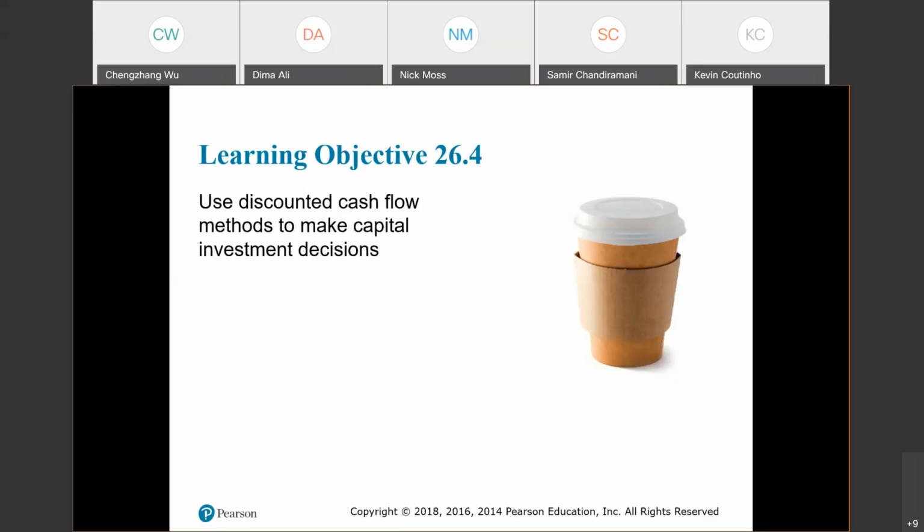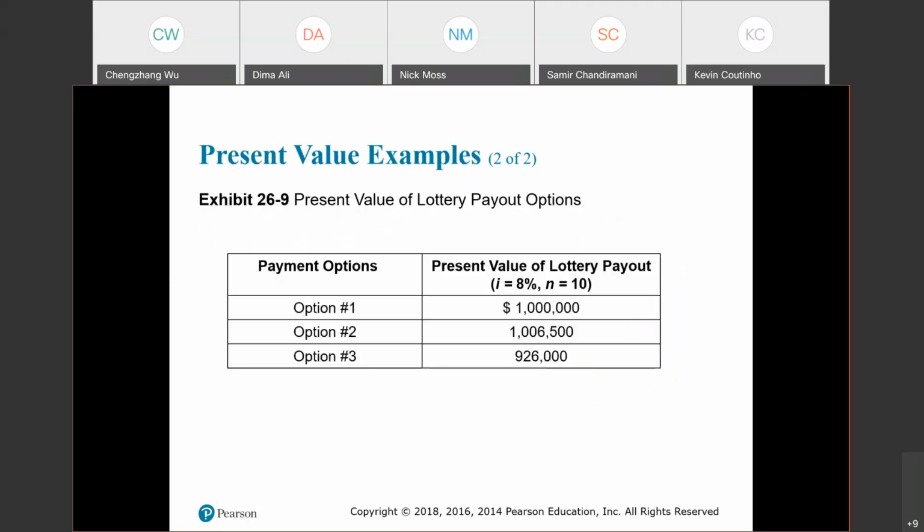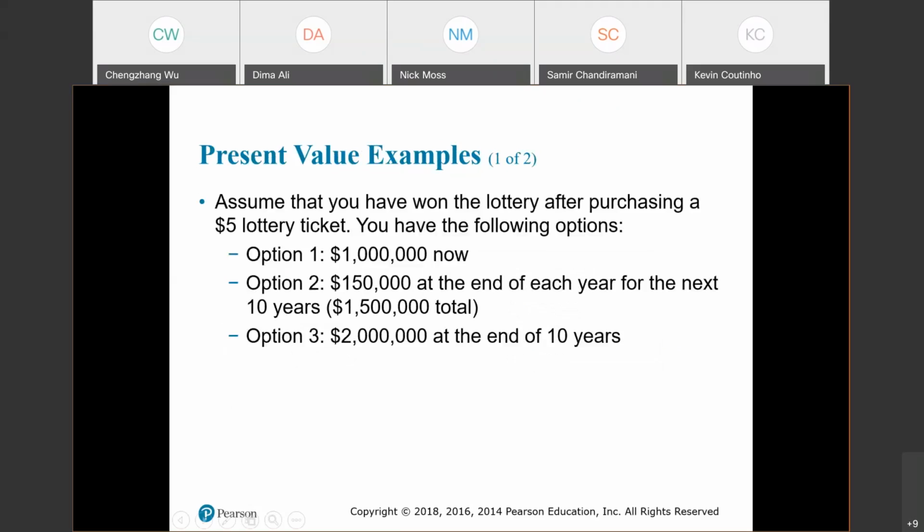Option number two is to receive $150,000 at the end of each year for the next 10 years.